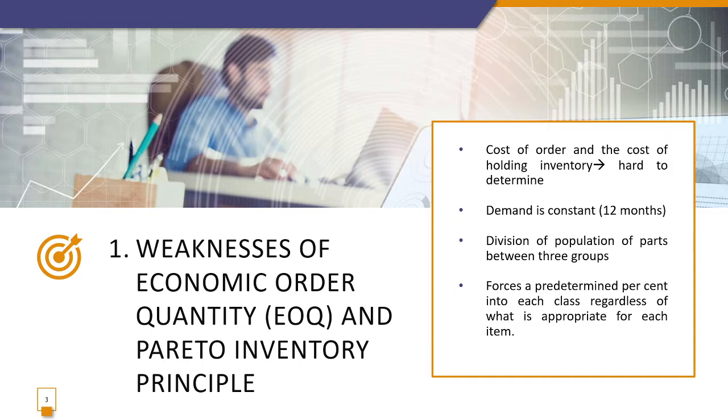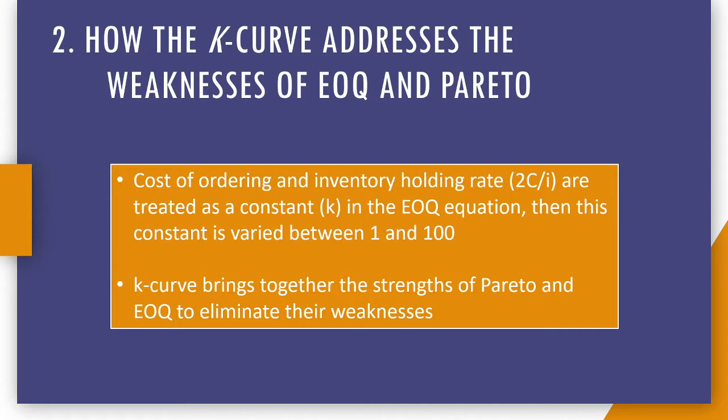So, to solve the disadvantages of these methods, the Kcurve methodology was developed around the 90s. The methodology was used to set the MRP parameters for IBM's Havant plant in the 1990s and won awards within IBM for its innovation. It addresses the weaknesses of EOQ and Pareto by treating the cost of ordering and inventory holding rate, known as C and I, as a constant in the EOQ equation.